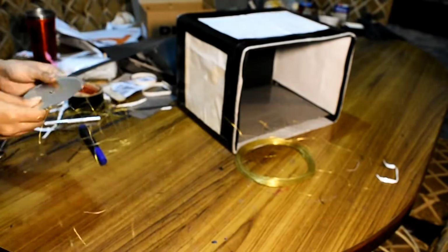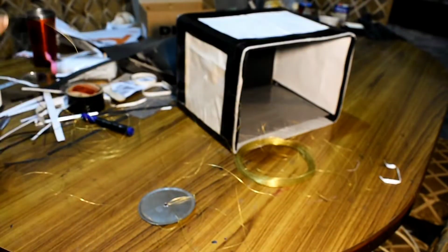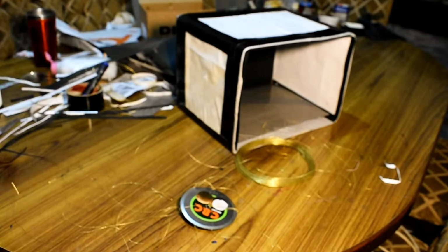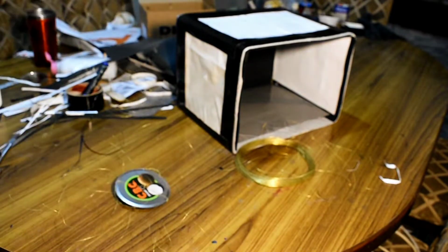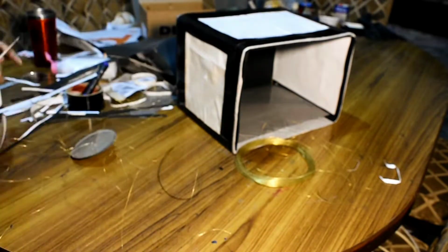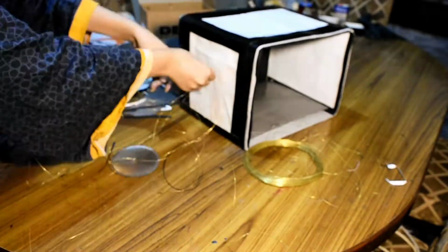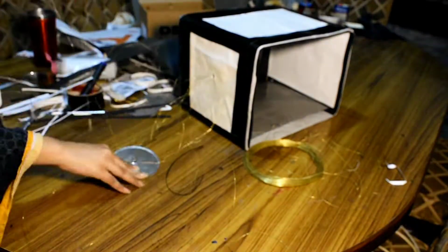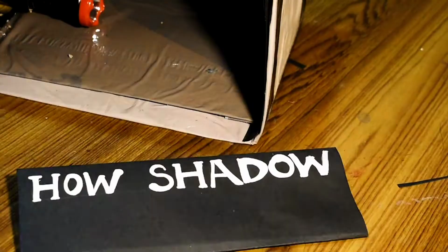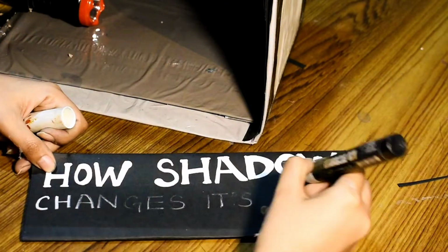Here I am using the thinnest copper wires, around 30 pieces. I just wrapped them around this thin piece, and then I connected that wire bundle with the torch.